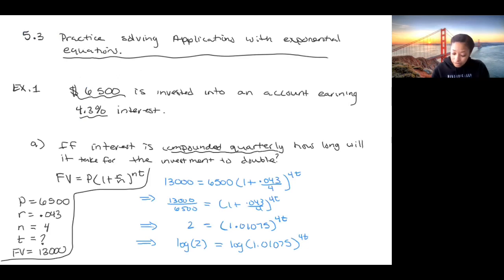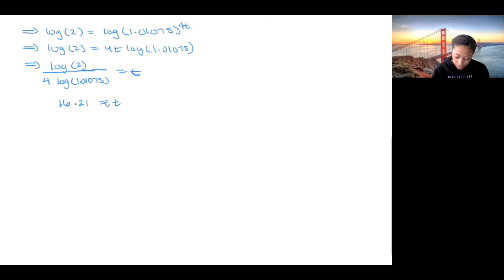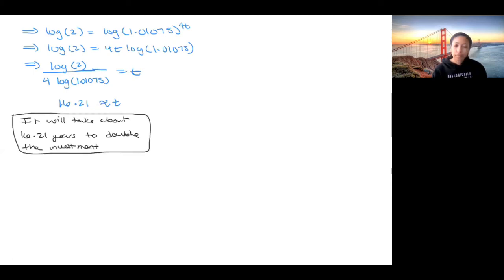It takes about 16.21 years to double your investment. So that's our answer. You always want to make sure you include your units. And that's our final answer for that one.